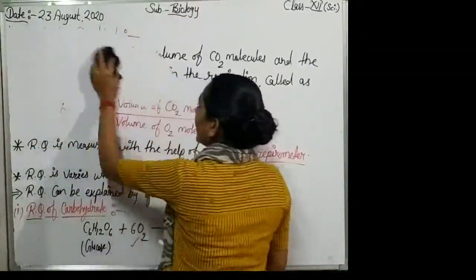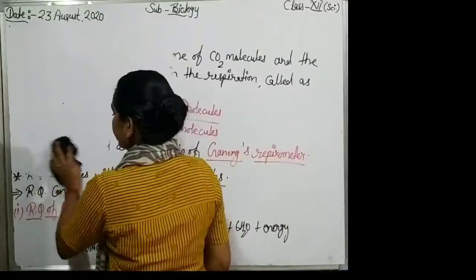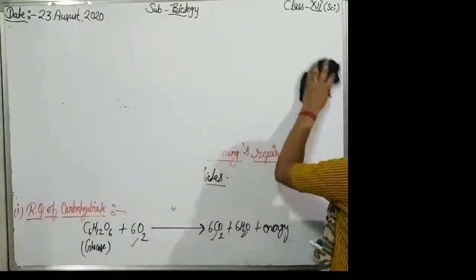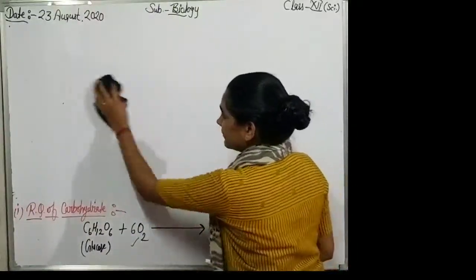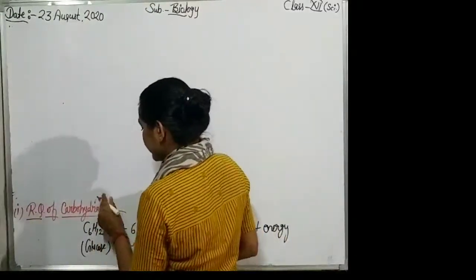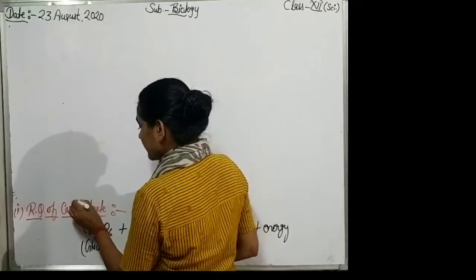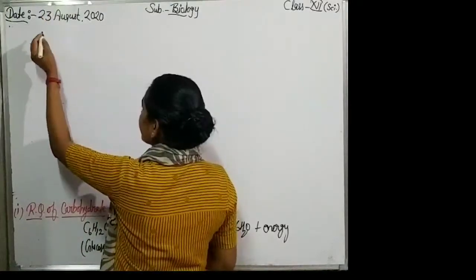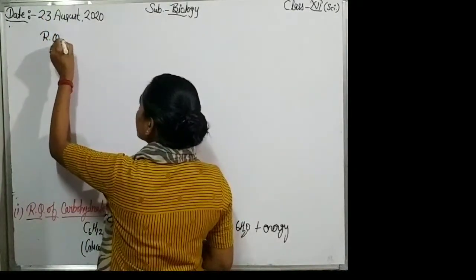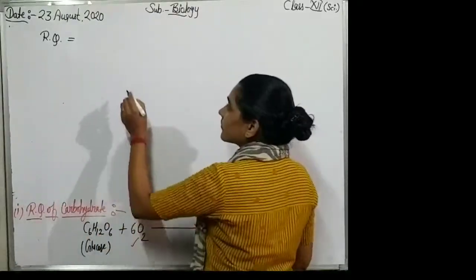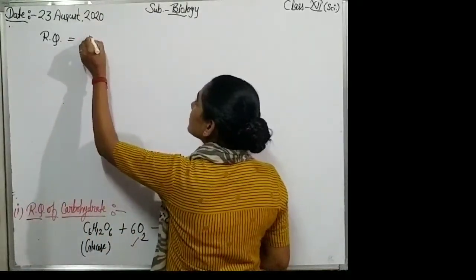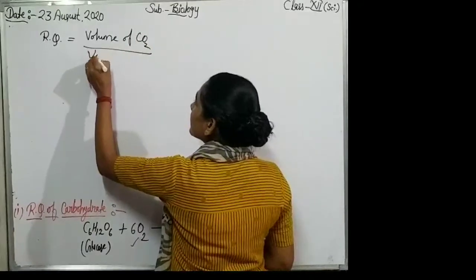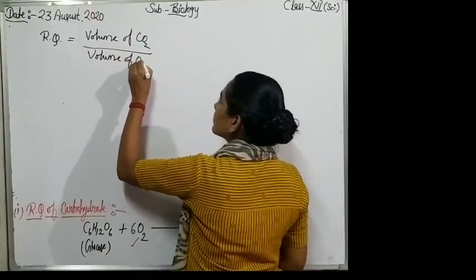Let's see RQ of carbohydrate. According to the formula, volume of CO2 upon volume of O2 molecules.